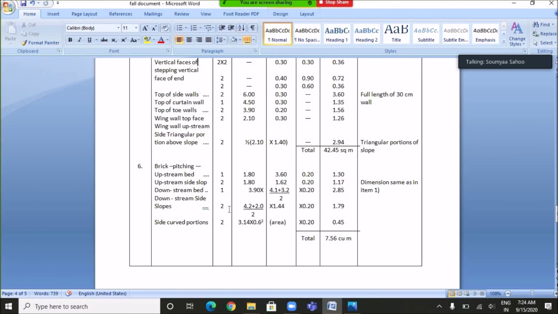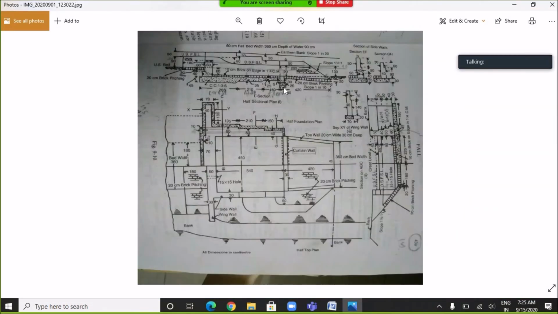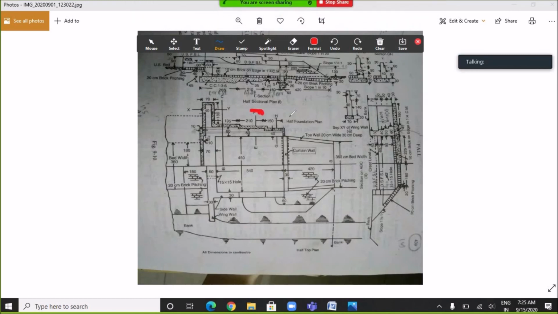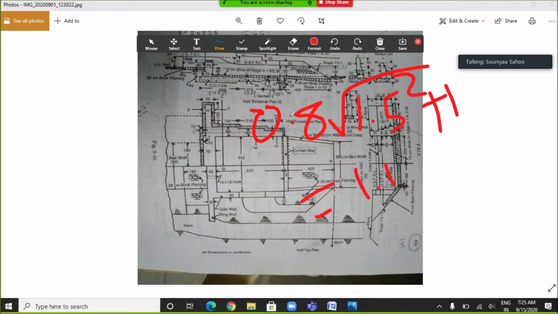Then brick pitching is done for the side slopes. So the length will be, the average length we have to take here. So it will be 4.2 plus 2 meter divided by 2. And the breadth will be calculated as 0.8 square root of 1.5 square plus 1, which is equals to 1.44 meter.